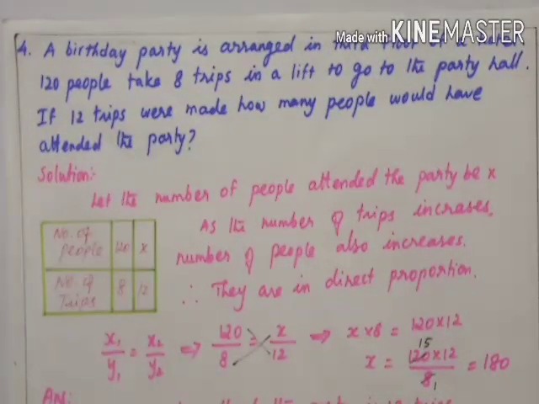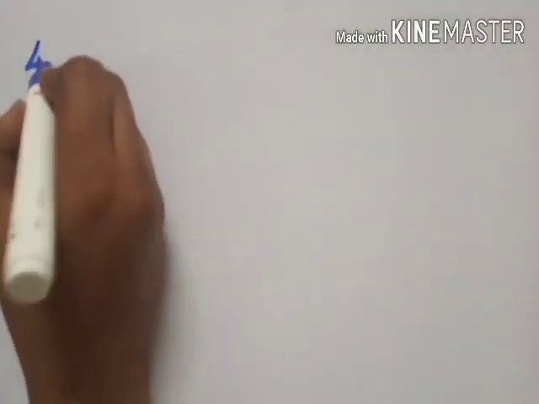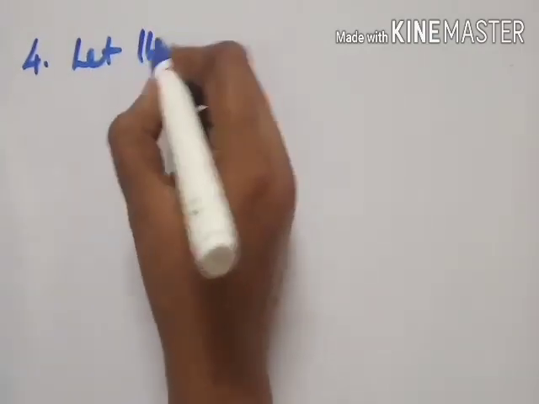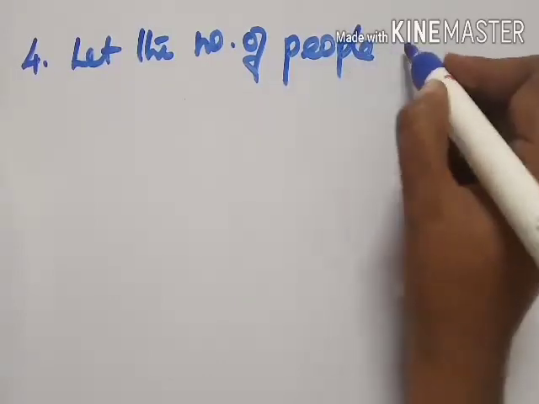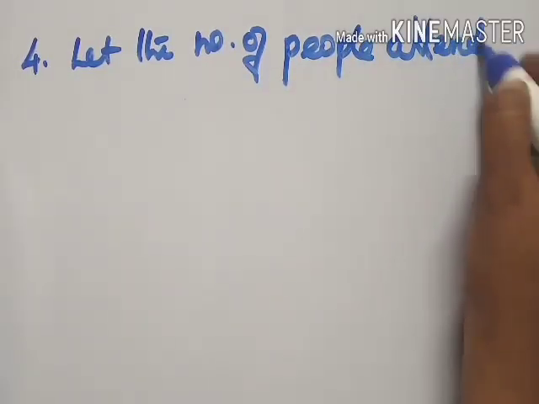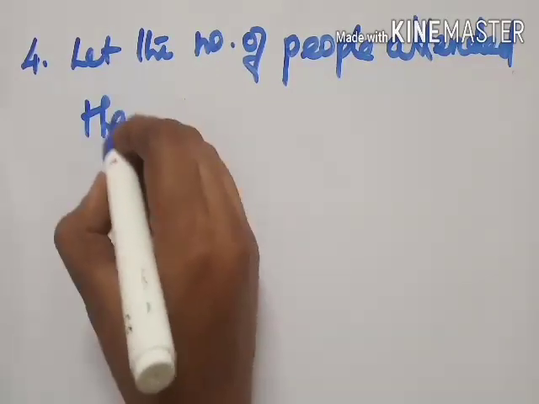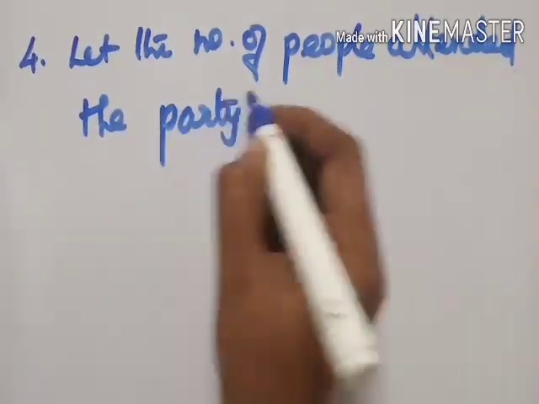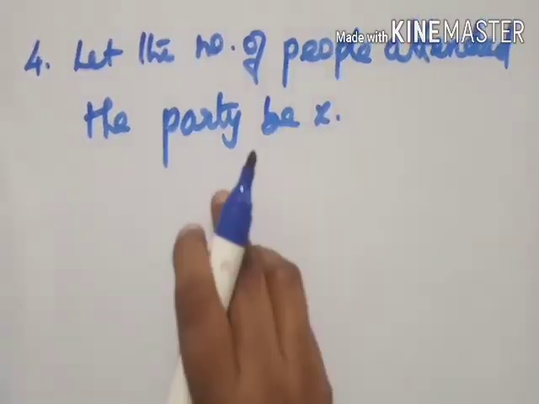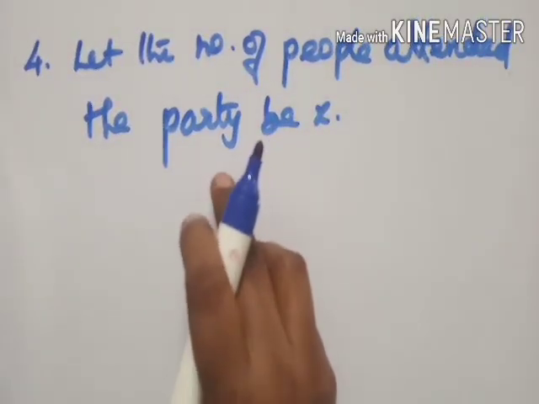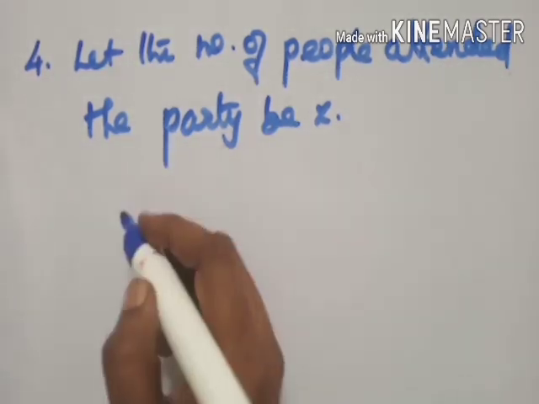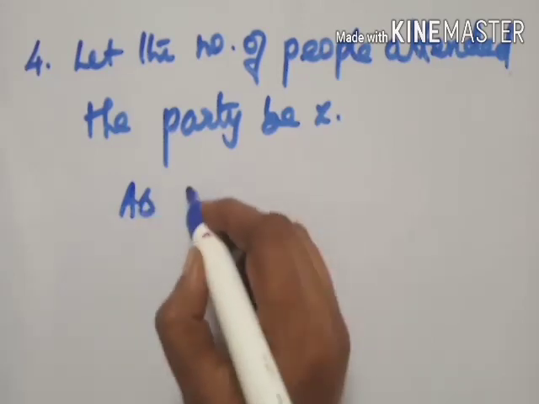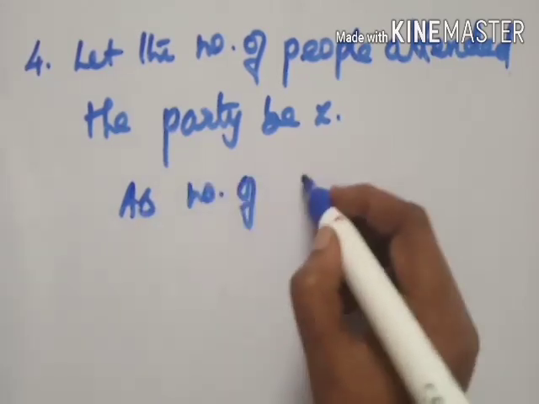So let the number of people who attended the party be x. So trips increase, that is, instead of 8 trips, 12 trips. So definitely the number of people also will increase.